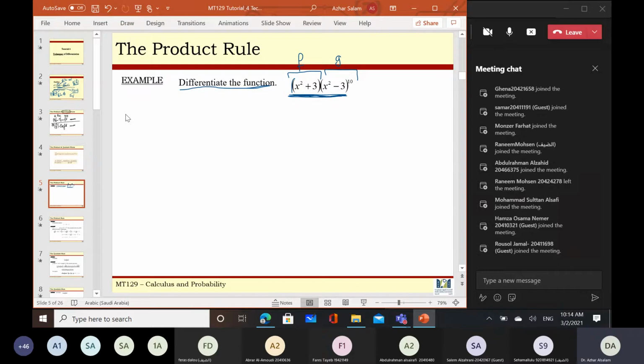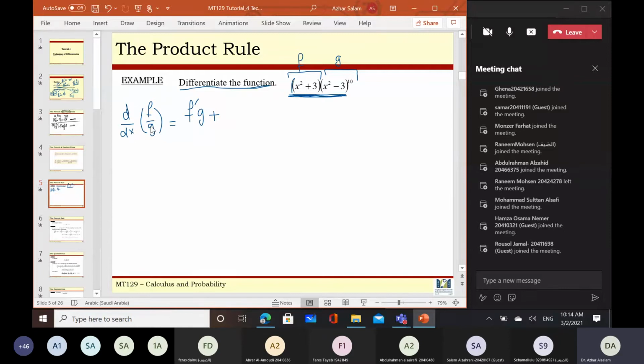So to find the derivative, I can write d by dx of f multiplied by g, or f g all dash, equals, I will write the rule first.